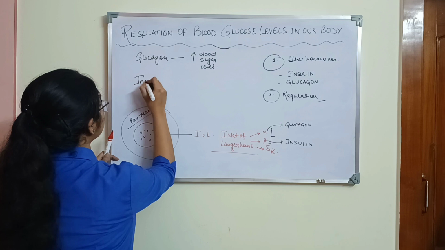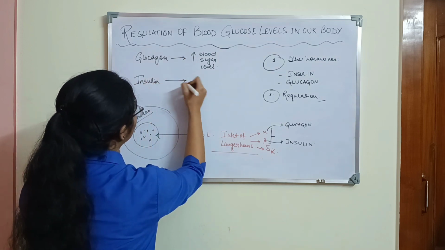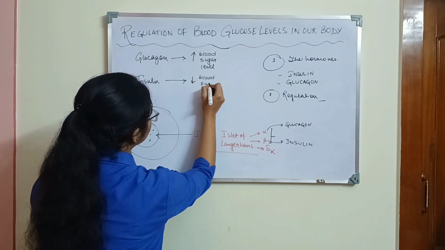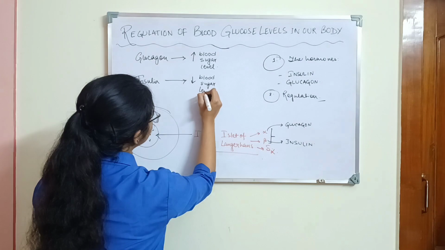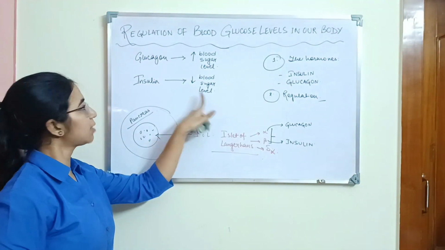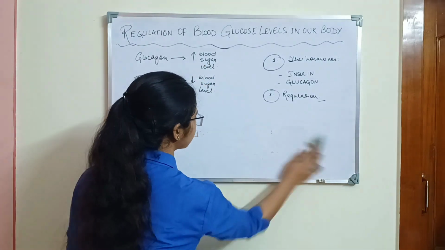Insulin hormone, however, is the exact opposite. Its role is to decrease the blood sugar level. Both of them do this in order to maintain body stability. Insulin decreases blood sugar level, glucagon increases blood sugar level. Let's look at the regulation.